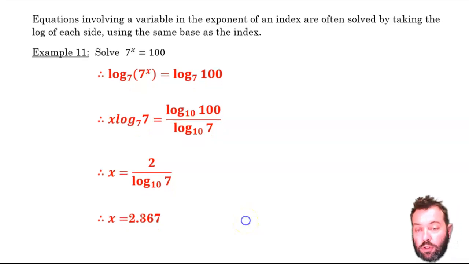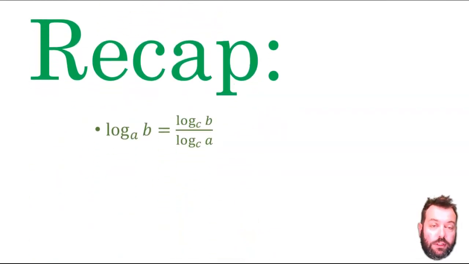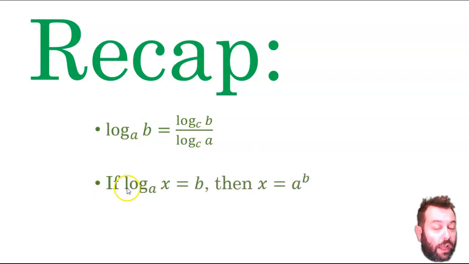So we've solved two different types of equations today using logarithms and indices, as well as using the change of base formula for logarithms. So the log of the number over the log of the base. Where I have a log equation like this, then I essentially take the base and raise the base to each side.